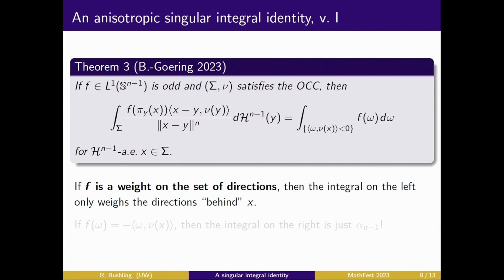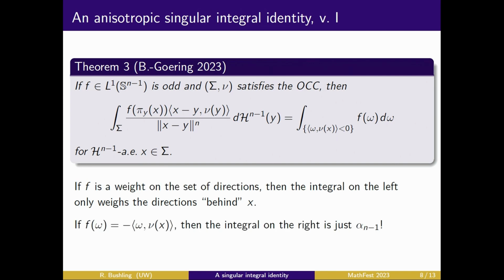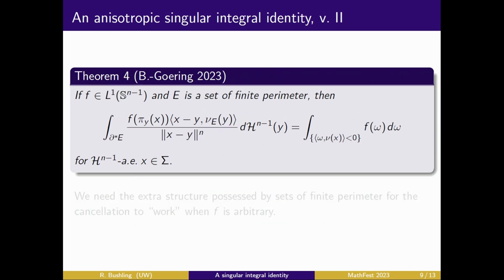And the weight there just so happened to weigh all directions equally. You had this extra dependence on nu of x, so it was a whole family of f's, and they just so happened to weight things appropriately. So this is maybe one anisotropic version, but Max was unhappy with this.